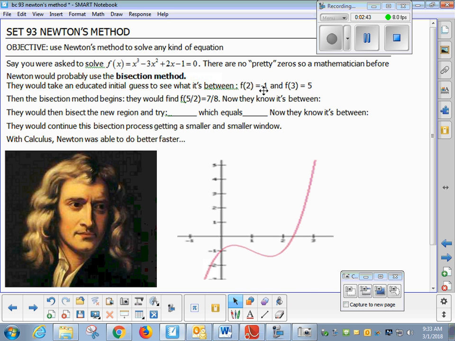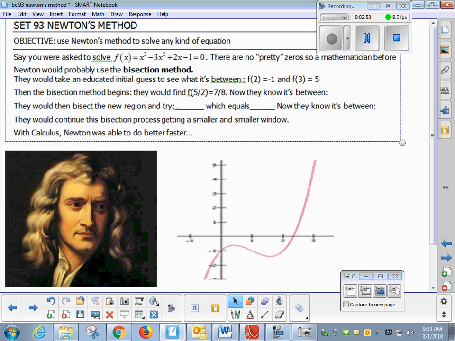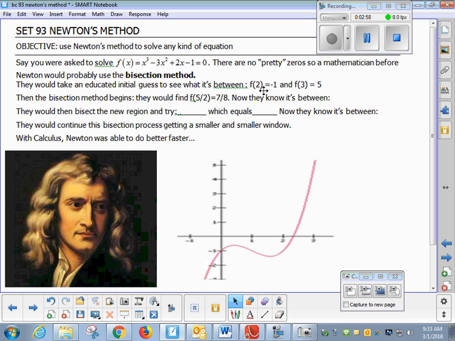If you went from -1 to 5, and you're looking for a 0, you would know it must have been between x of 2 and x of 3. So it's 2 point something. Do you agree?